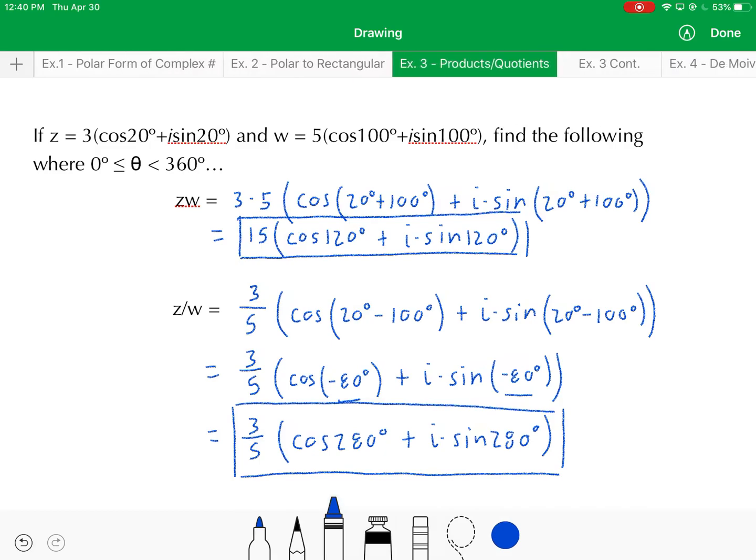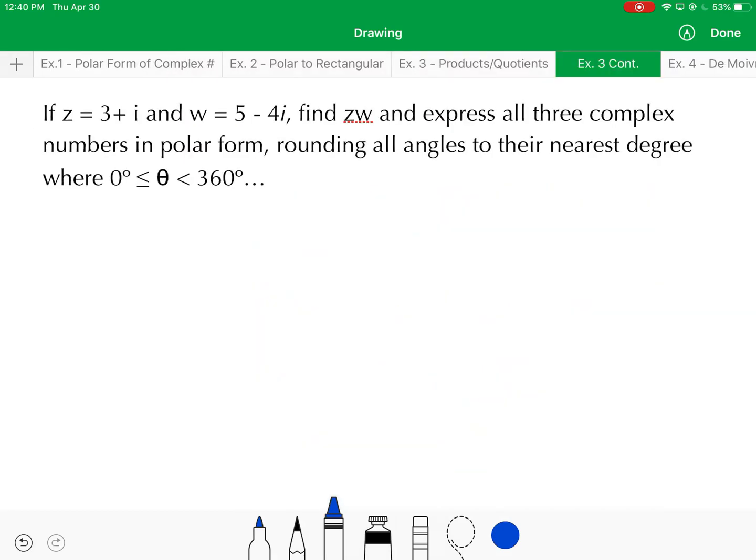All right, let's extend this. Okay, so now I'm kind of going in the other direction here. I have the two complex numbers z and w in their rectangular form, and I want to find the product of those expressing all three complex numbers in polar form.